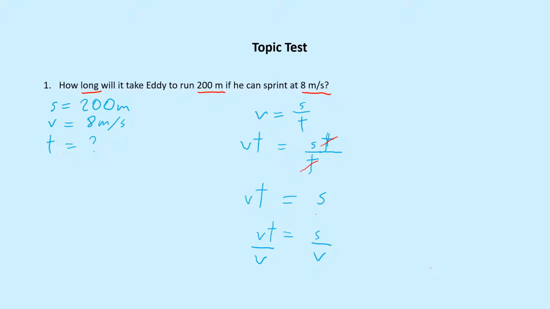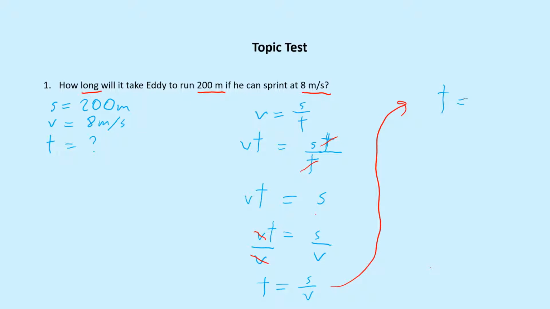So the V's cancel out over here, which leaves us with T equals S over V. So now we've got the equation that we want, T equals S over V, and I might just bring that up here to continue.